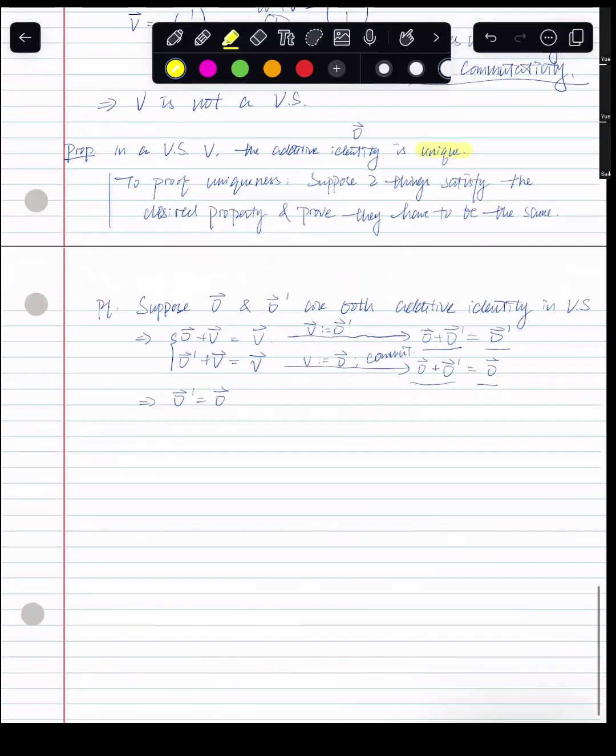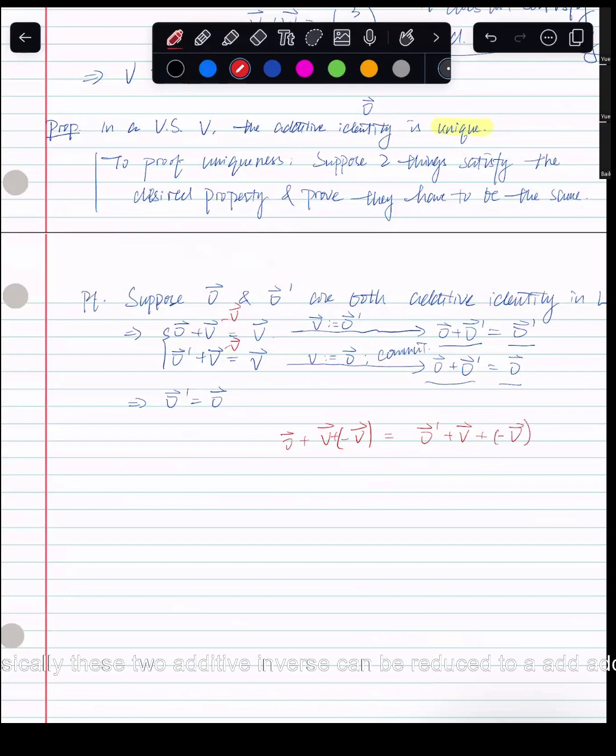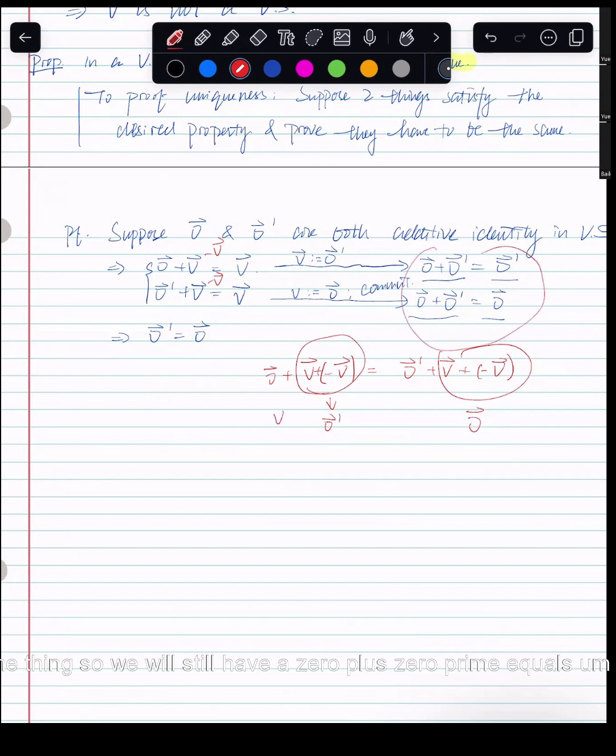If we add a negative v on both sides of 0 plus v equals 0 prime plus v, then what we know is basically these two additive inverses can be reduced to an additive identity, which could be 0 or a 0 prime. So we will end up with the same thing.